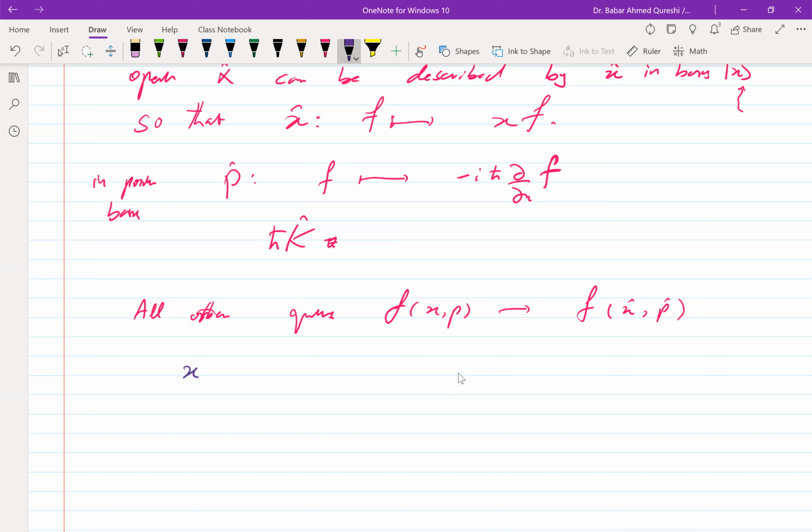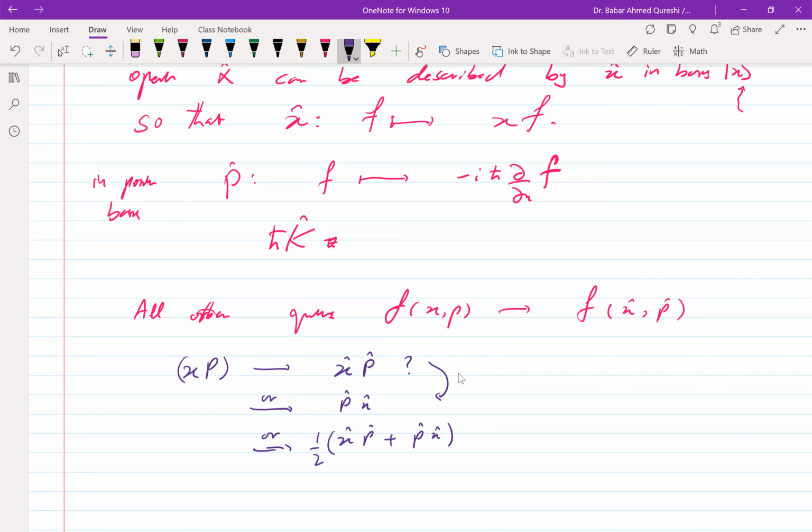So for example, if I take this quantity and I ask what is the corresponding quantum operator? Is it this? Or is it this? Or is it this?